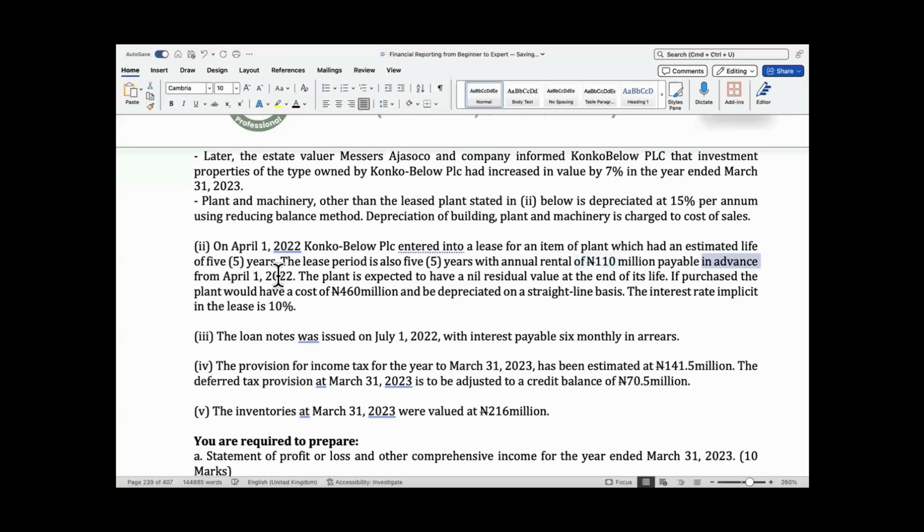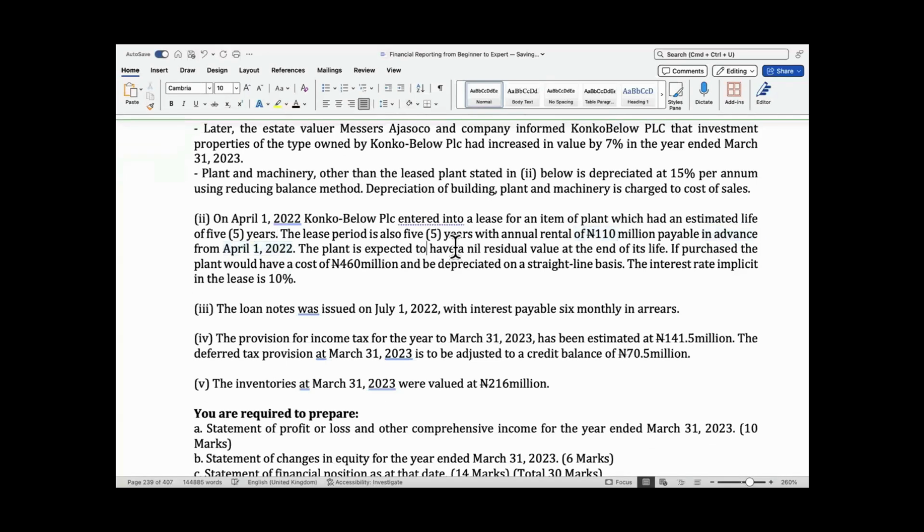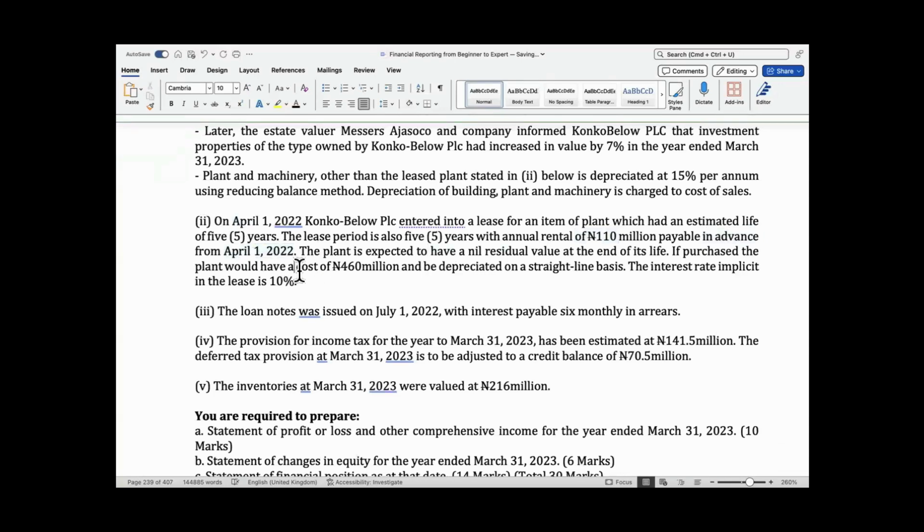That's from 1st of April 2022. So the plant will have a new residual value. If they had decided to purchase it instead of leasing it, they would have paid 460 million and it's depreciated on a straight line basis. The interest rate implicit in the lease is 10%.